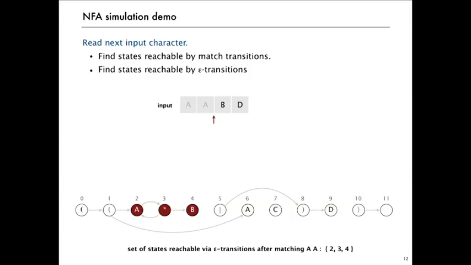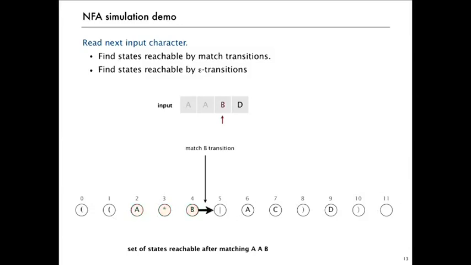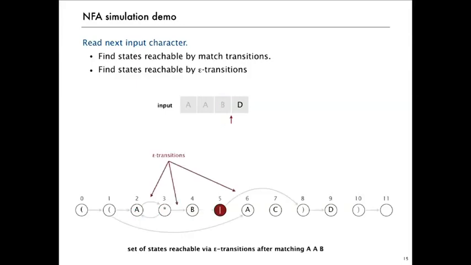Now what's next is the B. Only state 4 matches the B. So the only place we could be right after matching the B is in state 5. And that's after matching the B. Now what about epsilon transitions? Well, state 5 has an epsilon transition to state 8. So we could take that one, and 8 has one to 9.